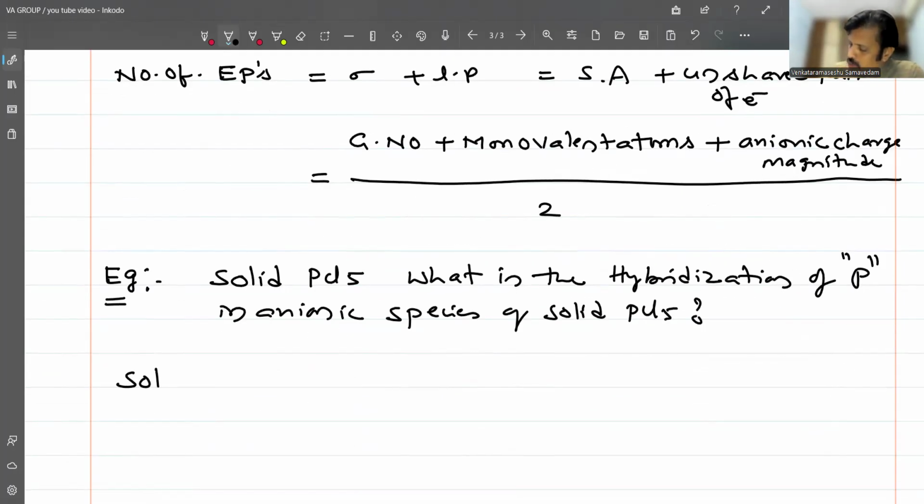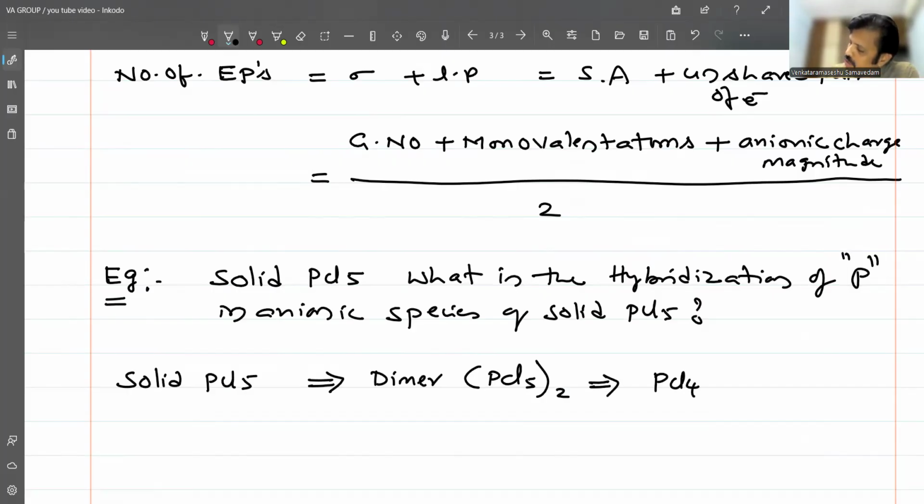First of all, we have to know that solid PCl5 can exist as a dimer. So the dimer is nothing but PCl5 taken twice.